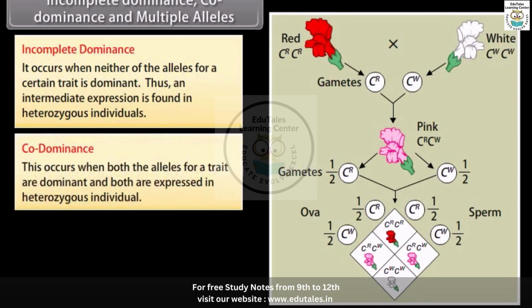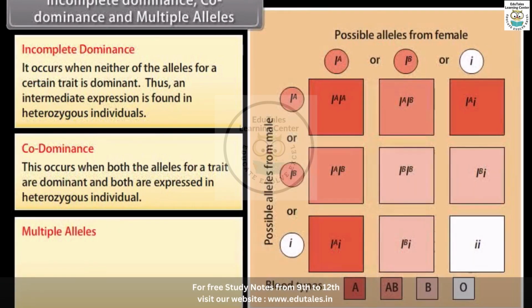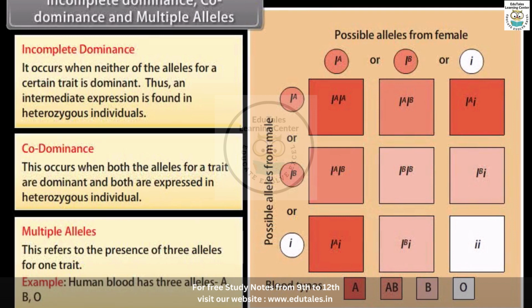This occurs when both the alleles for a trait are dominant and both are expressed in heterozygous individual. Such a phenomenon can be observed with multiple alleles. Multiple alleles. This refers to the presence of 3 alleles for one trait. Example: human blood has 3 alleles, A, B, O.